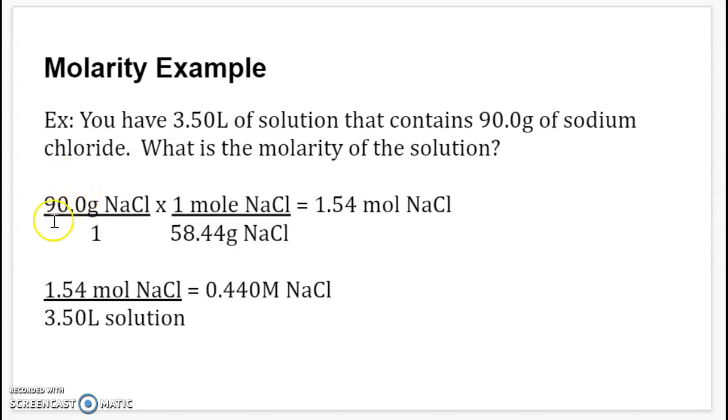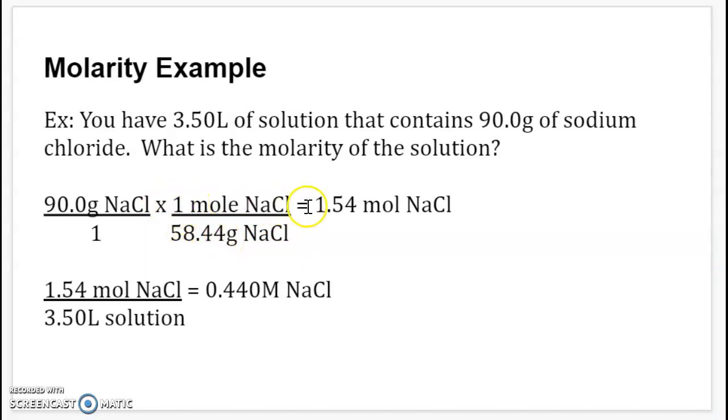So the given mass of sodium chloride is the 90 grams that you see here. And this conversion factor right here is the molar mass of sodium chloride. So the 58.44 grams comes from the periodic table. We add the masses of sodium and chlorine together, one sodium and one chlorine, and that would give you a total of 58.44 grams.